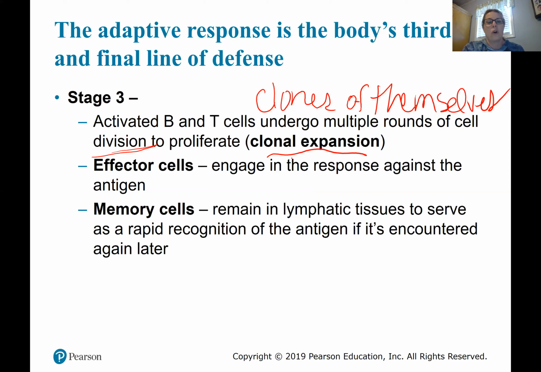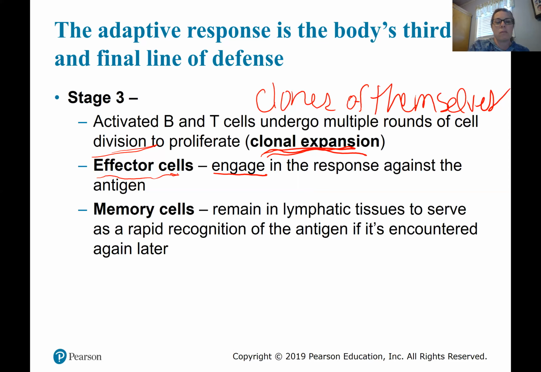Okay, so when this clonal expansion occurs, when the cell division is occurring and all of these new T or B cells are being produced, the majority of them are what we call effector cells. And these are the ones that are going to engage. These are the ones that are going to kill or take out the antigen-bearing cells.